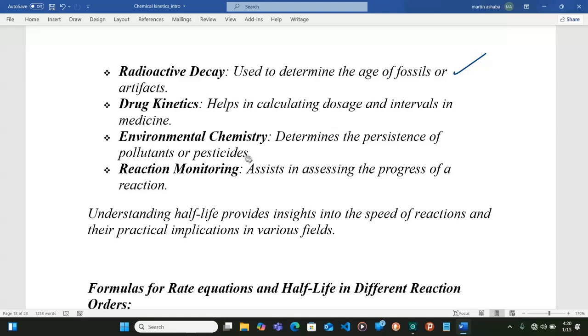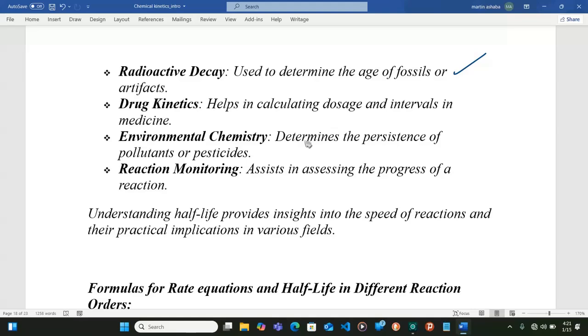Another application is in environmental chemistry, where we use half-life to determine the persistence of pollutants or pesticides. For example, if we have some pesticides or pollutants that could be persisting in the environment, we need to determine from the initial concentration, after some particular time, what the concentration will be.